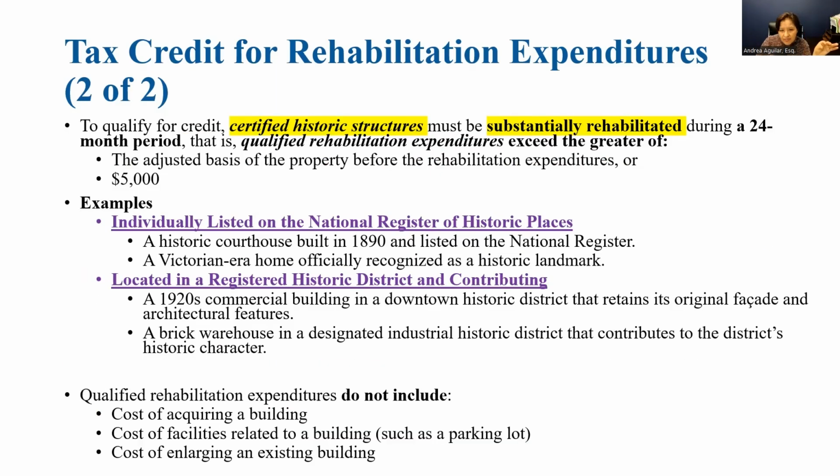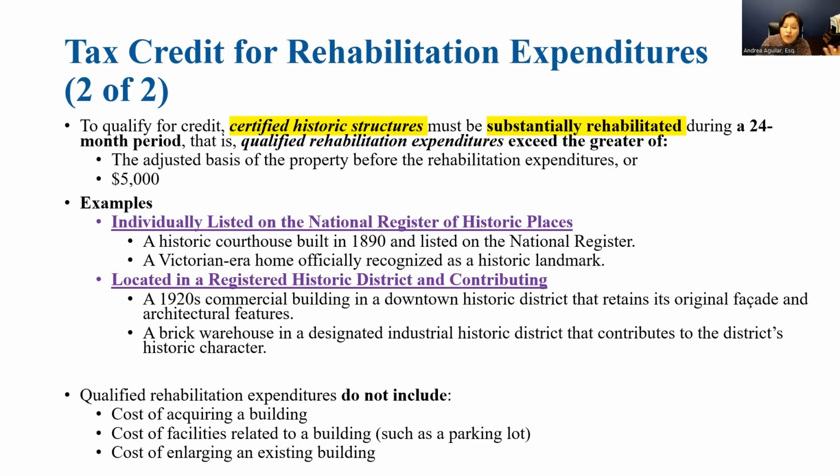To qualify for the credit, there has to be a substantial rehabilitation over a period of 2 years. Okay, that is the requirement. How do I know that this is substantial? Well, your expenses need to exceed the greater of $5,000 or the adjusted basis of the property before the rehabilitation expenditures.